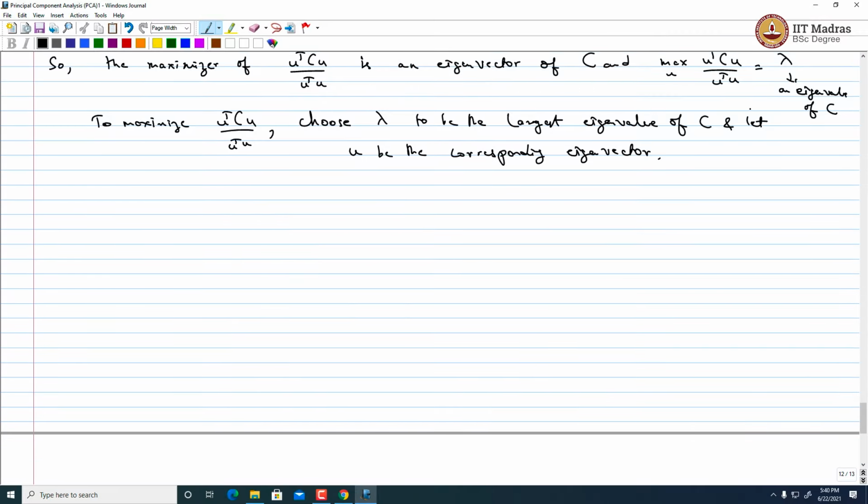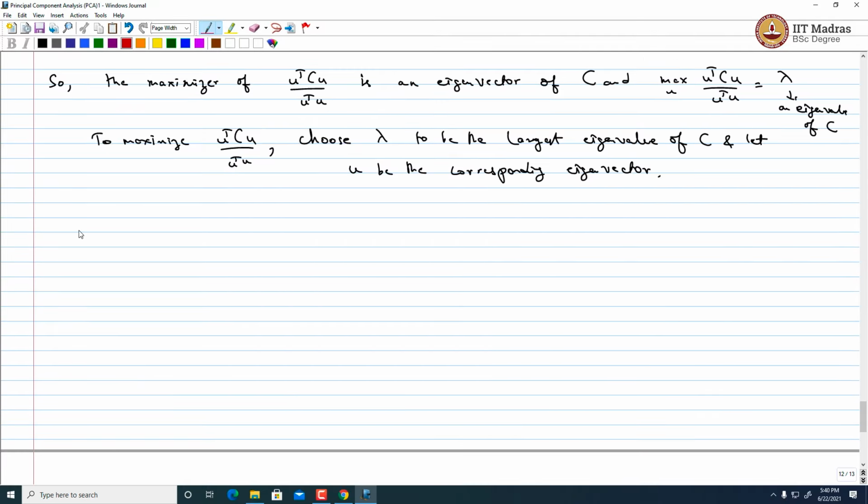Now we can extend this logic. The logic can be extended to the case when you have PCA parameter m greater than or equal to 1.